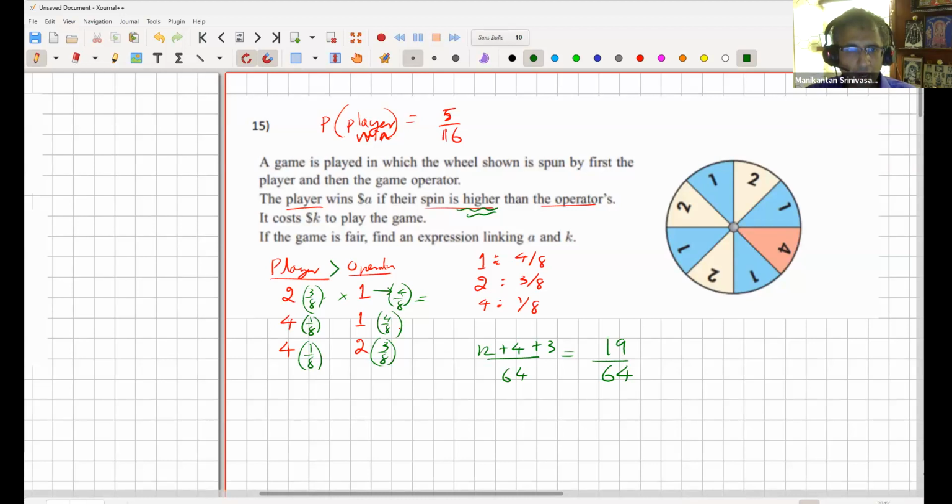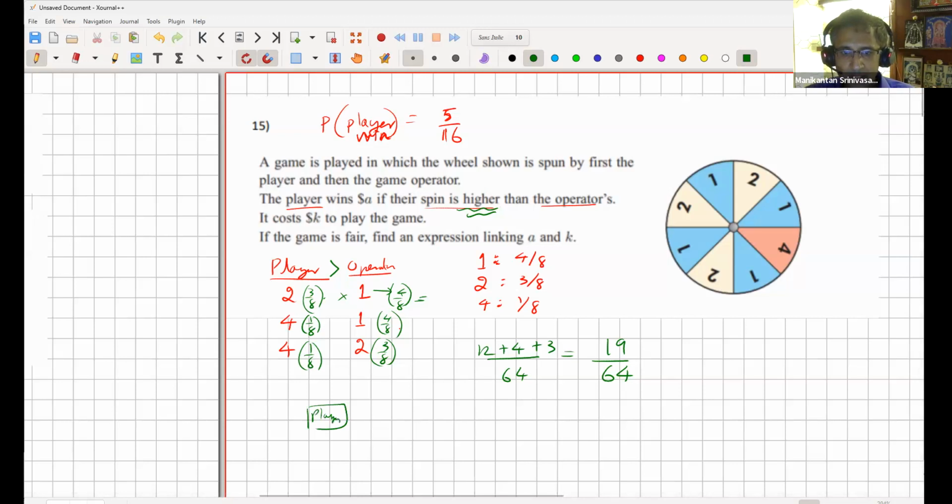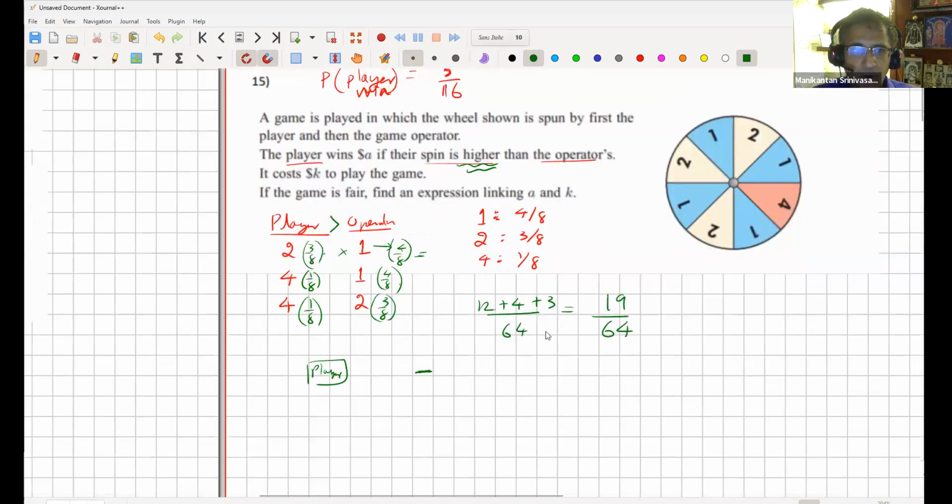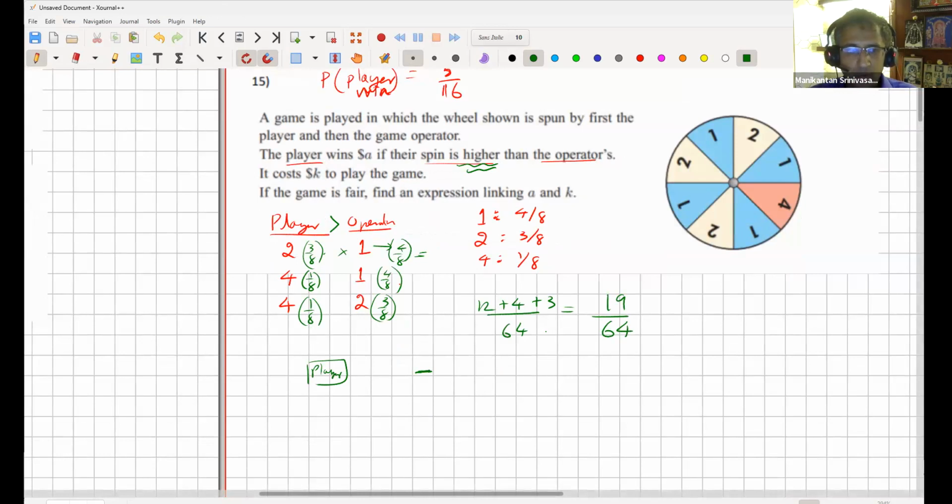Okay. So now, what will the player think? I am paying K dollars to play. The player is coming with some money, so because he spent some money, let's look at his profit after playing this game. As soon as he enters to purchase the game, he has lost K dollars because he's paid K dollars to play the game.